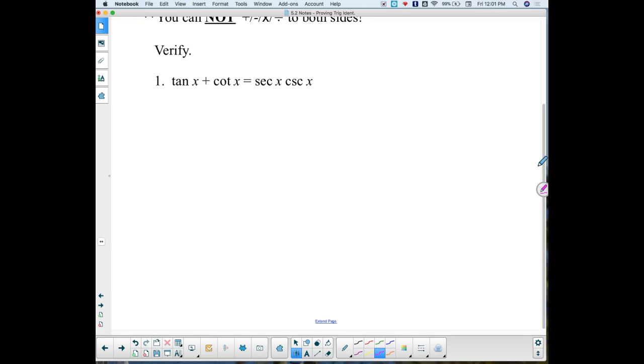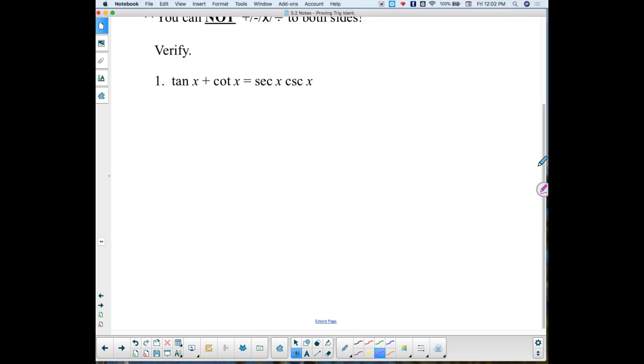Which side appears to be more complicated, uglier, more scary? Which side? The right side? Do we agree that the right side is more difficult than the left side? Sometimes it doesn't matter. Sometimes it does. Which one's more scary to you in terms of fractions, let's say? Because tangent and cotangent are both really a fraction, right?